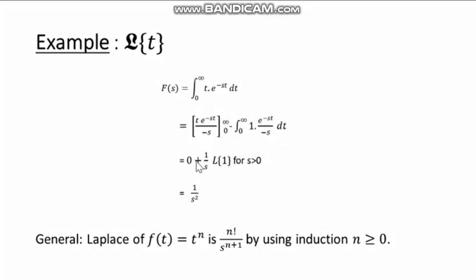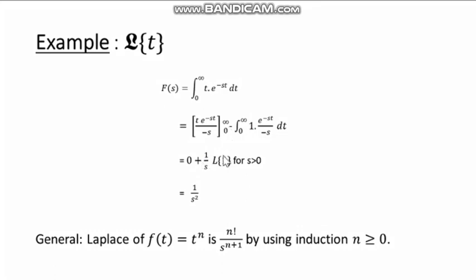And the first expression will completely become 0, because when you put infinity here, e raised to minus infinity will become 0 even though t becomes infinity. As I said, polynomials will be dominated by the exponential functions, and when we put 0 here, then t becomes 0, so 0 into 1 it will become. So the first expression will always give you 0. This minus and this minus will become a plus.